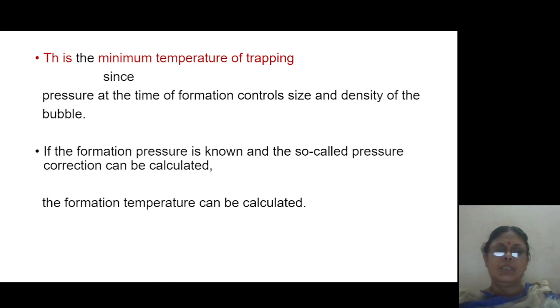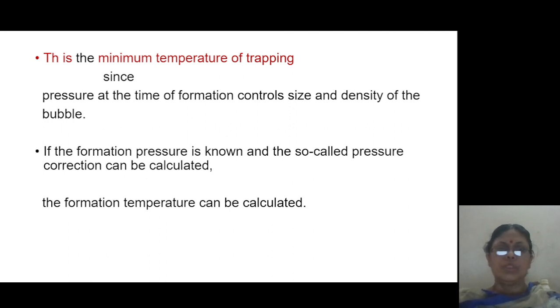the bubble. We know that pressure changes when exhumation takes place, right? Sample is collected from the surface or near surface or after excavation, so the pressure is reduced from the original pressure, right? Now, if the formation pressure is known, the so-called pressure correction can be calculated, and the formation temperature can be calculated, right?